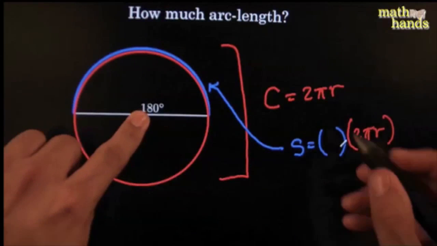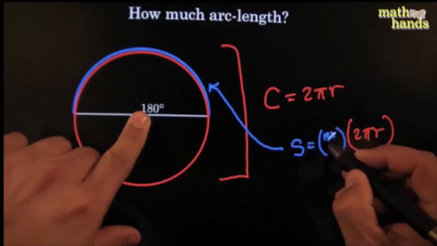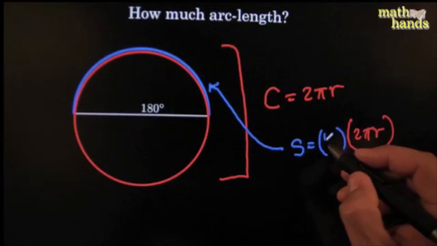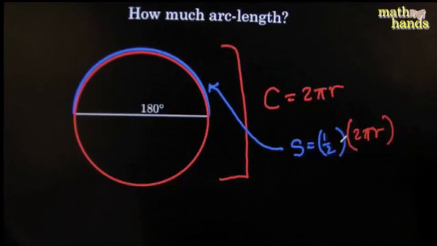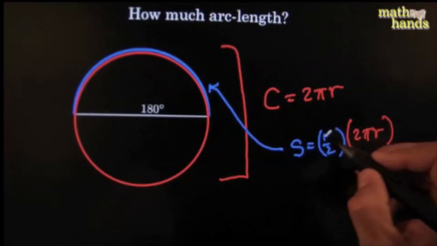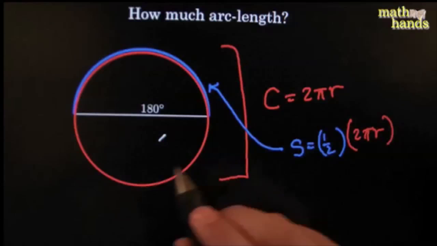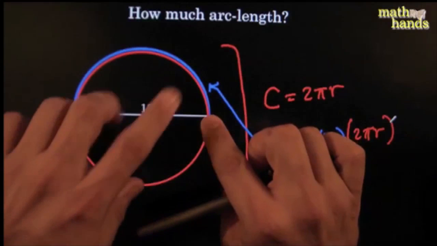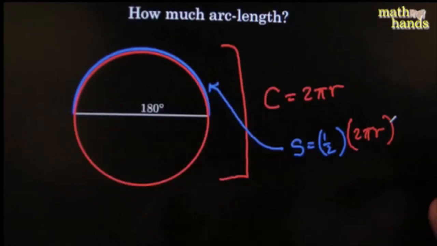Since it's 180 degrees, the portion is 180 out of 360, or you could say 1/2. Either way, 1/2 or 180 over 360, that would give you the right arc length. And of course, you could put in the r for whatever you want. If it's 5 inches or 5 miles, really that r part doesn't matter. All you do there is just plug it in.